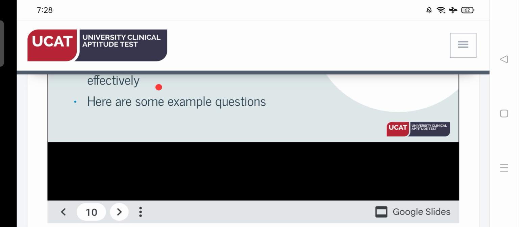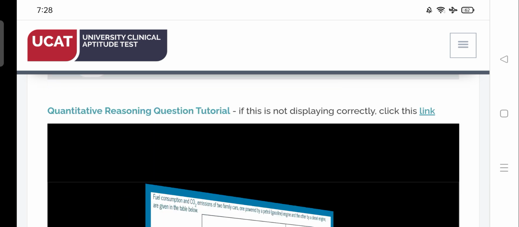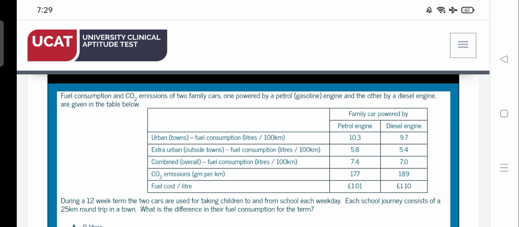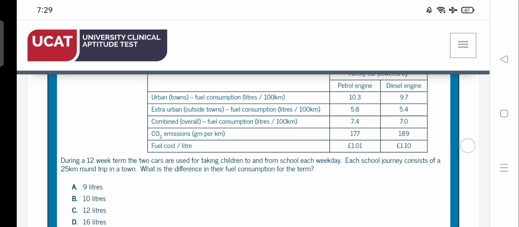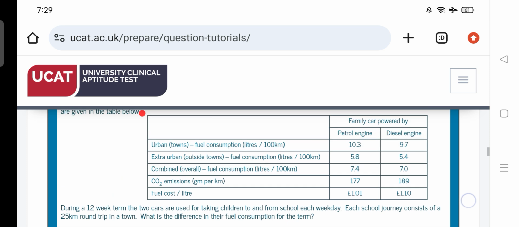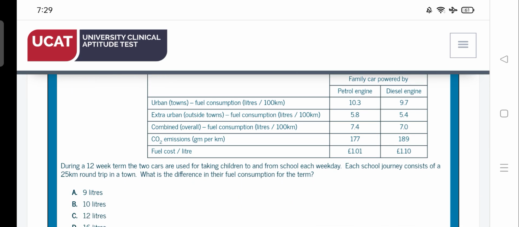So here we have some example questions. Fuel consumption and carbon dioxide emissions of two family cars, one powered by a petrol engine and the other by a diesel engine, are given in the table below. So that's how information is given, with a passage and a table like this.